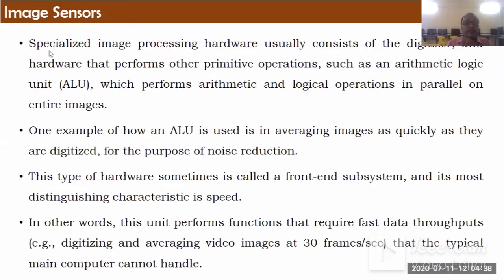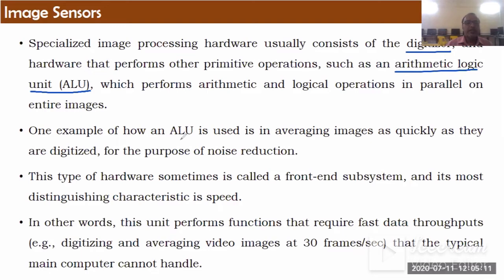Now, in an image sensor there is some specialized image processing hardware, usually called the digitizer. Then there is hardware that performs some primitive operations, such as an ALU. We know that the ALU performs arithmetic and logical operations on a parallel basis. Apart from the digitizer, this device also consists of a microprocessor or microcontroller, which converts the signal into the digital signal.